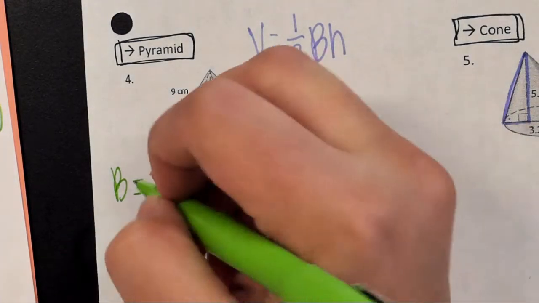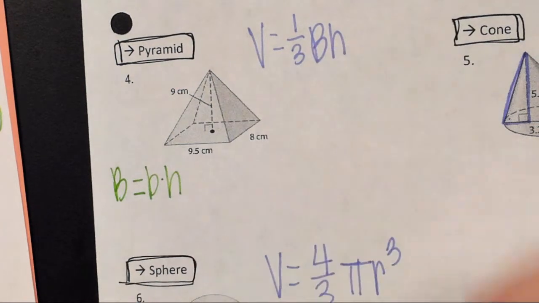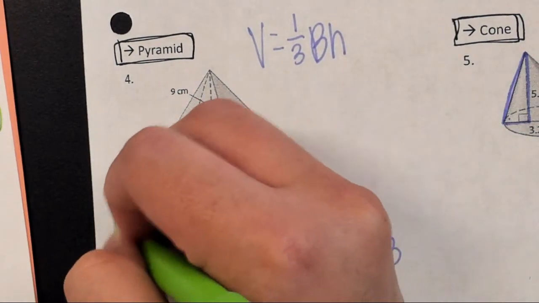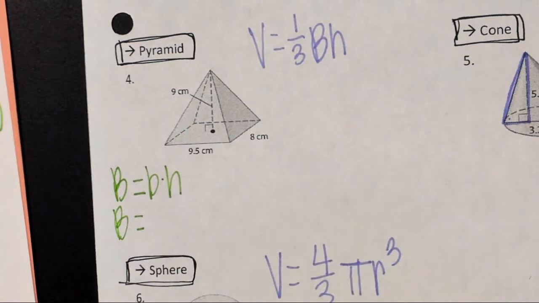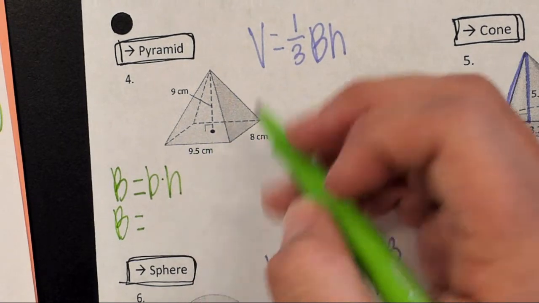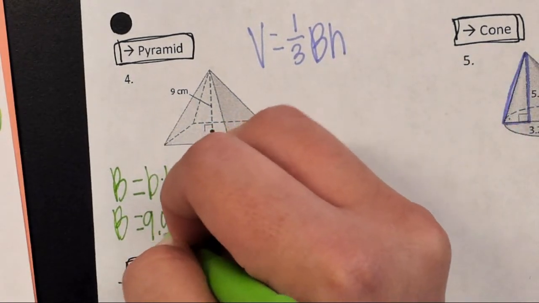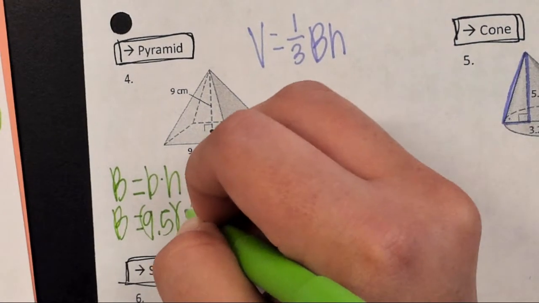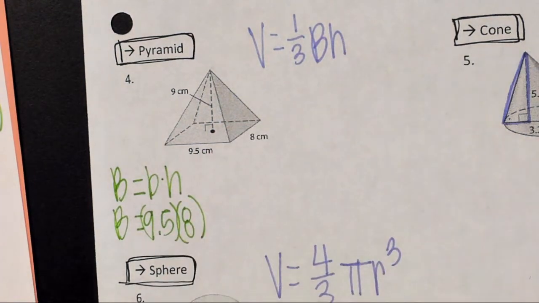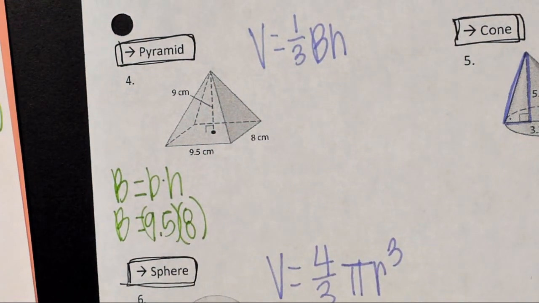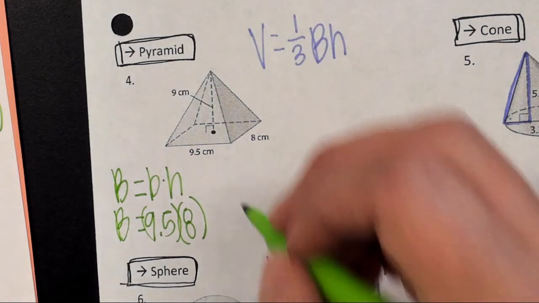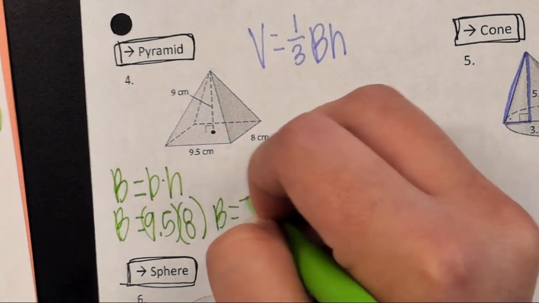So big B is going to be little b times h of just the base. So it doesn't matter which one's which, right? So it's just going to be 9.5 times what? 9.5 times 8. You have to think flat. We're finding the area. Think flat. So big B should be 76.